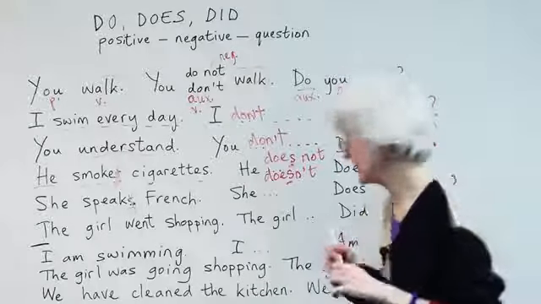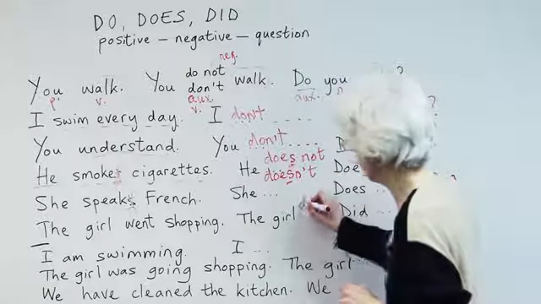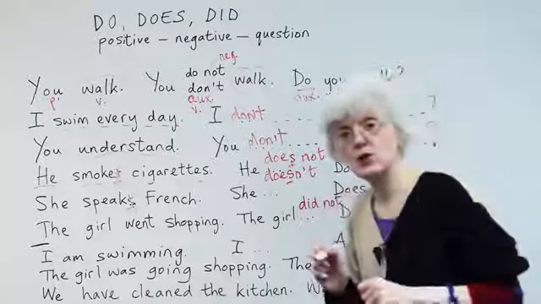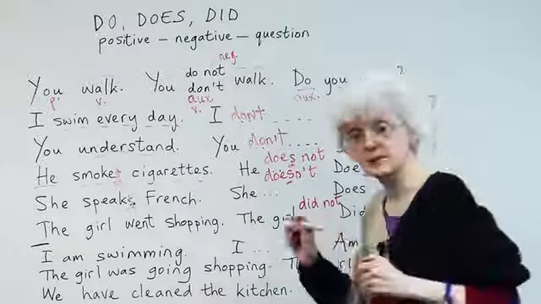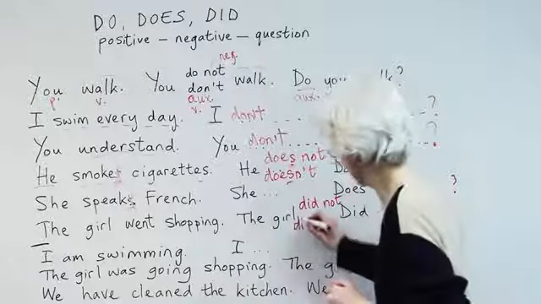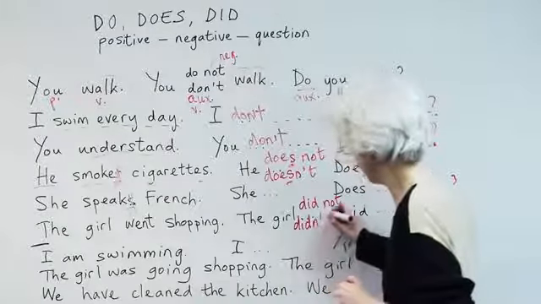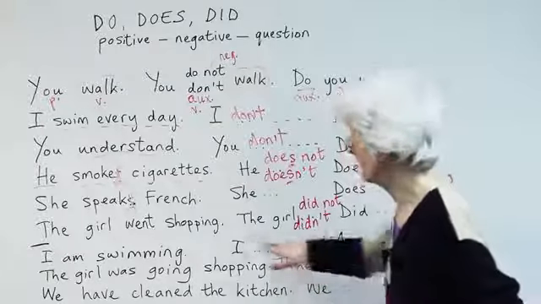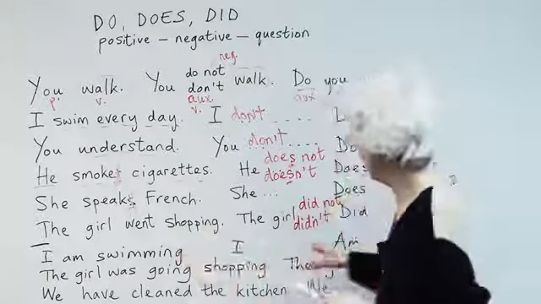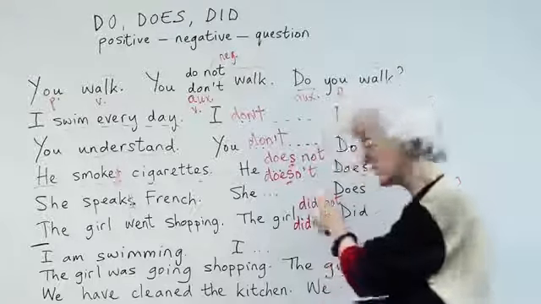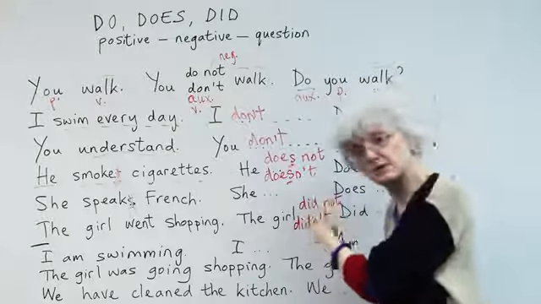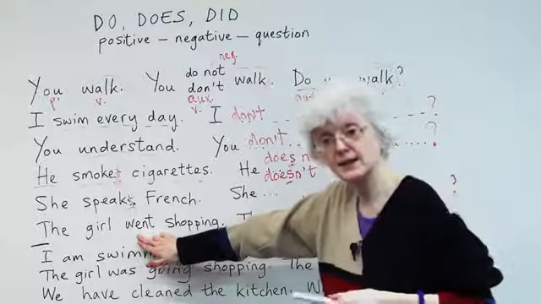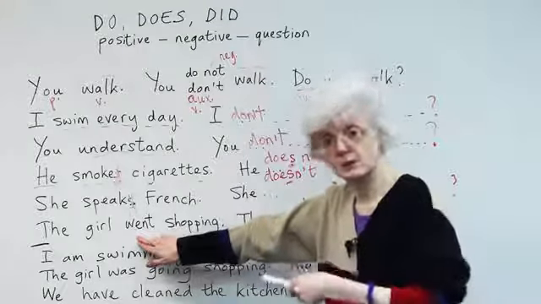Okay, I'm going to write it. The girl did not, or didn't. Okay, the girl didn't. And then because we've got the past tense of do, didn't, we have to change this to go shopping.